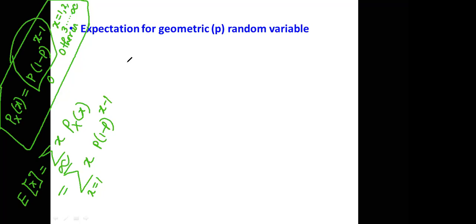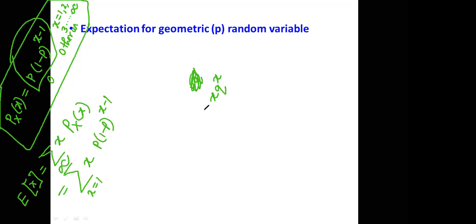Okay, now to simplify this one, we need to know some infinite series summation result. We actually know one result, which is something like x q to the power x.